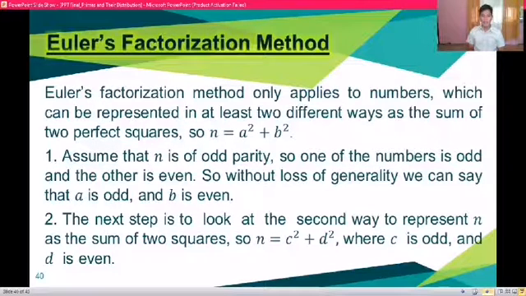Kanina, n is equal to a squared plus b squared. Ngayon naman, maghahanap tayo ng ibang values na ma-represent natin si n. Then c squared plus d squared is also equal to a squared plus b squared, where again, we have c is odd and d is even.